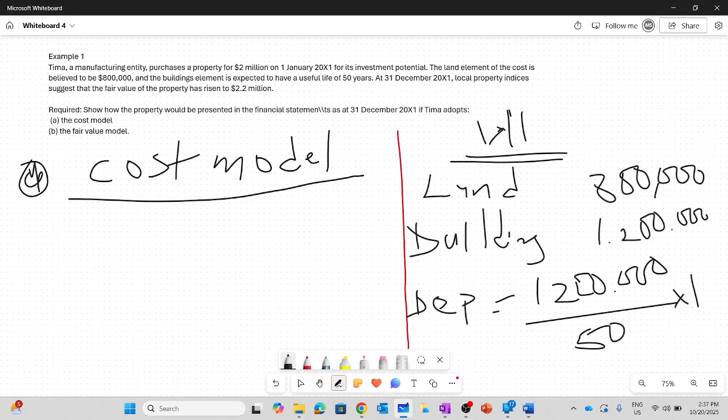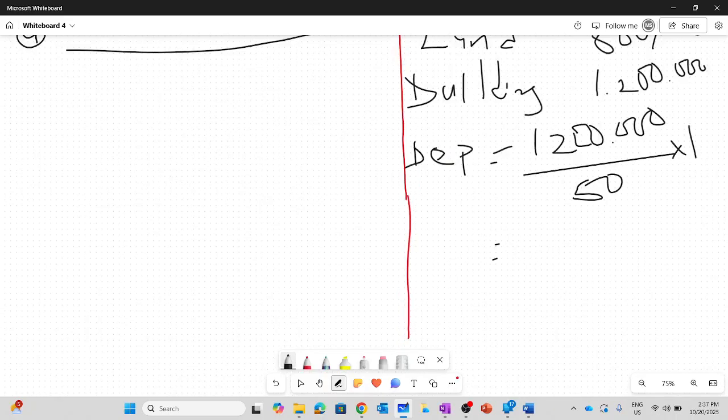So on an annual basis, our depreciation will be $24,000.